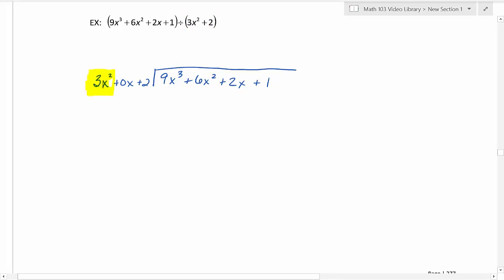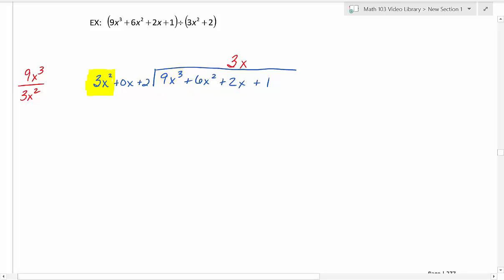We're going to divide the first term of our divisor into the first term of our dividend. 3x squared goes into 9x cubed 3x times. 3x will be the first term of our quotient. I'm going to line it up vertically with the x's in my dividend.